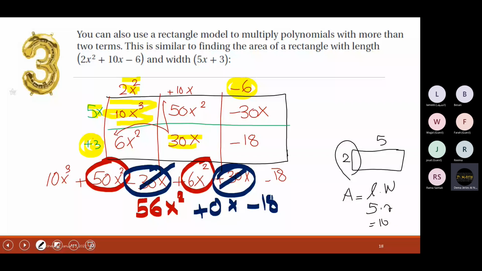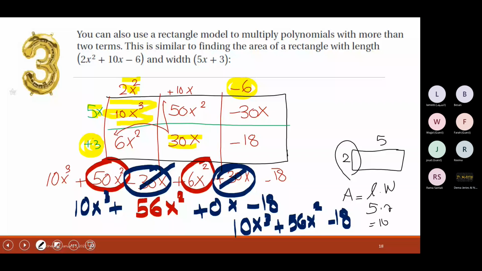Minus 18 has no term like it, and here we have 10x cubed. So the answer will be 10x cubed plus 56x squared minus 18. Is it clear? Yes, teacher. Do you have any question on the rectangle method?